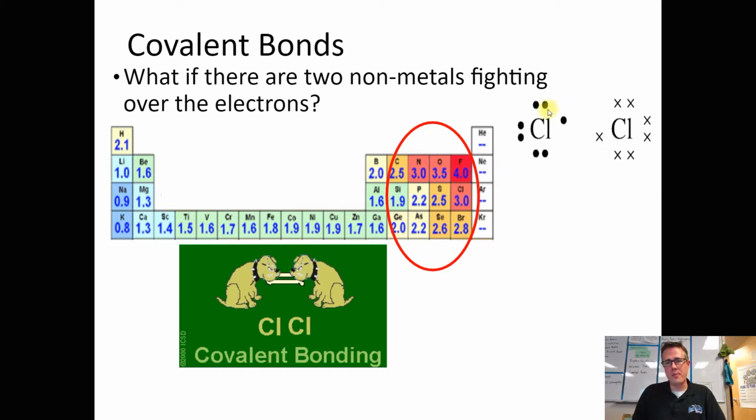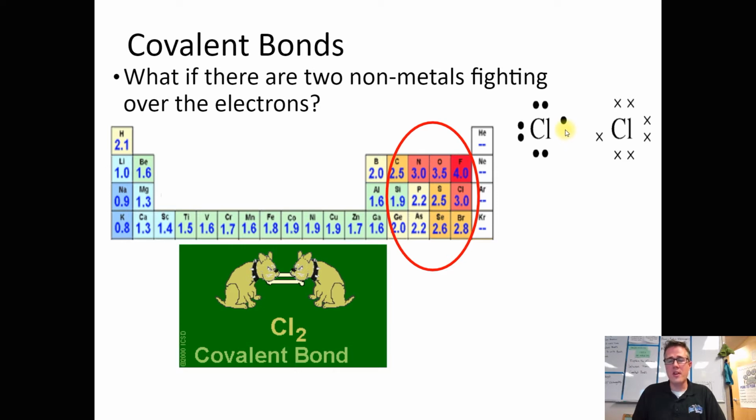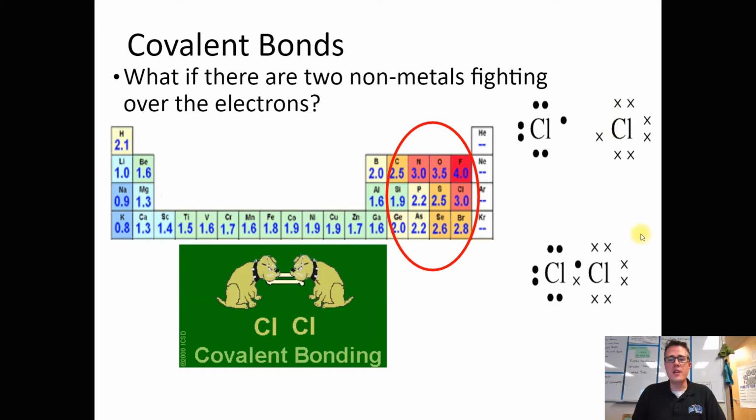Take chlorine, for example. We draw the Lewis diagram for chlorine with 7 dots, since it's in the 7th column on the periodic table. And if you look at it in terms of having little parking spaces, each chlorine has one space that has a missing electron. Well, if you push these two atoms next to each other, they're each going to try to grab each other's electron.